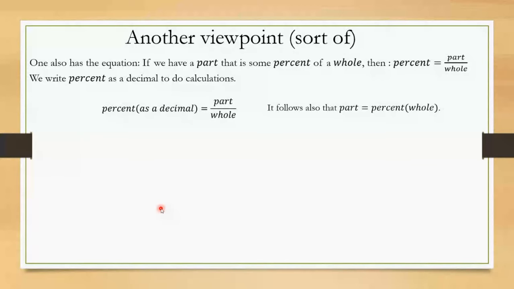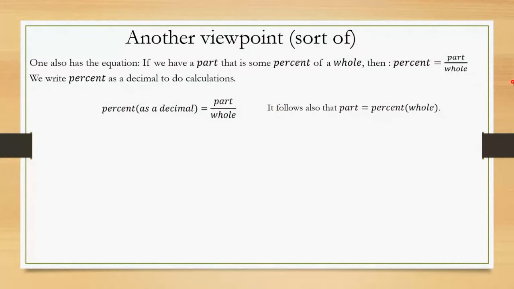For instance, if you hear in the news that in Oneonta, 25% of the town said they would vote for person A in an election, what does that really mean? 25% is part of the town. That's what a percent is. It's part of something, part of a whole. And that's really what this is saying.